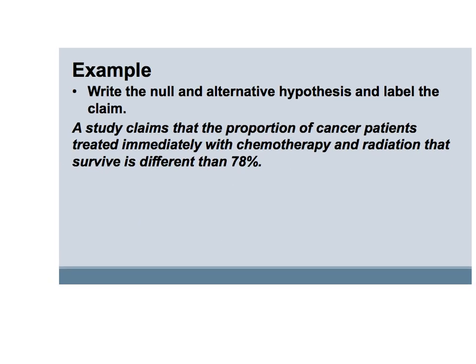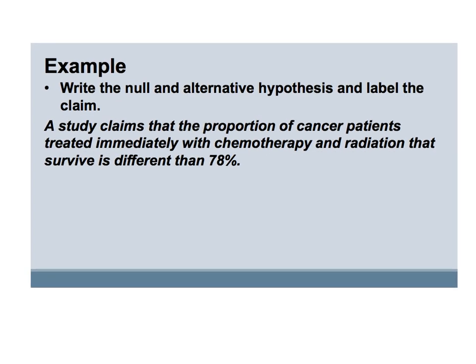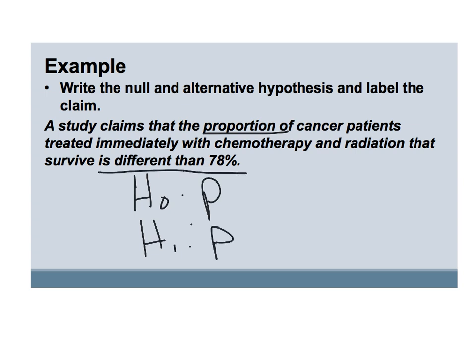Okay, now the last one says the study claims that the proportion of cancer patients treated immediately with chemotherapy and radiation that survive is different than 78%. Well, I'm doing step 2, so I automatically do this. It said proportion, so that's P. And then it says is different than 78%.